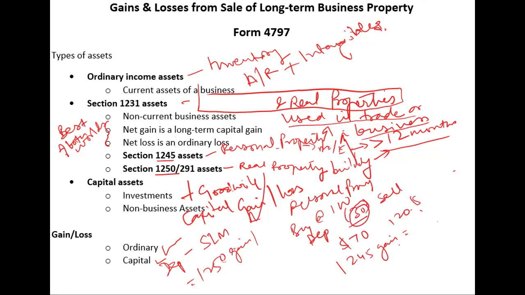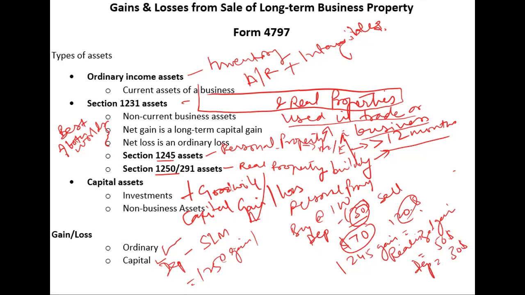Why? Because the realized gain is $50, that is 120 minus $70, and depreciation is $30. So we take the lower of the two as the 1245 gain.